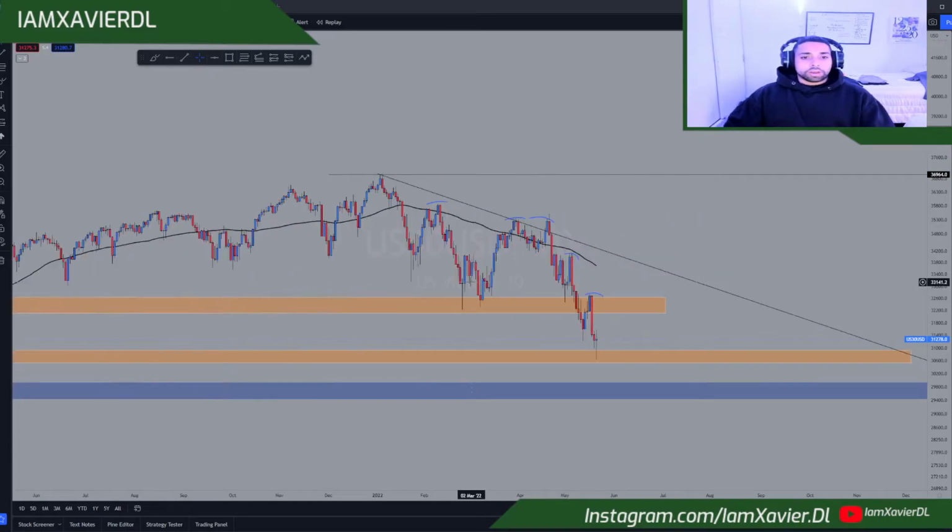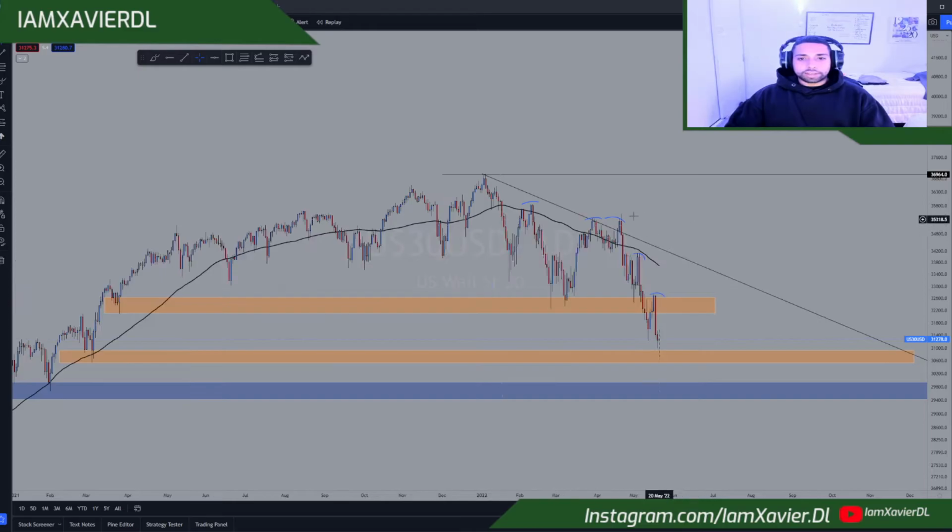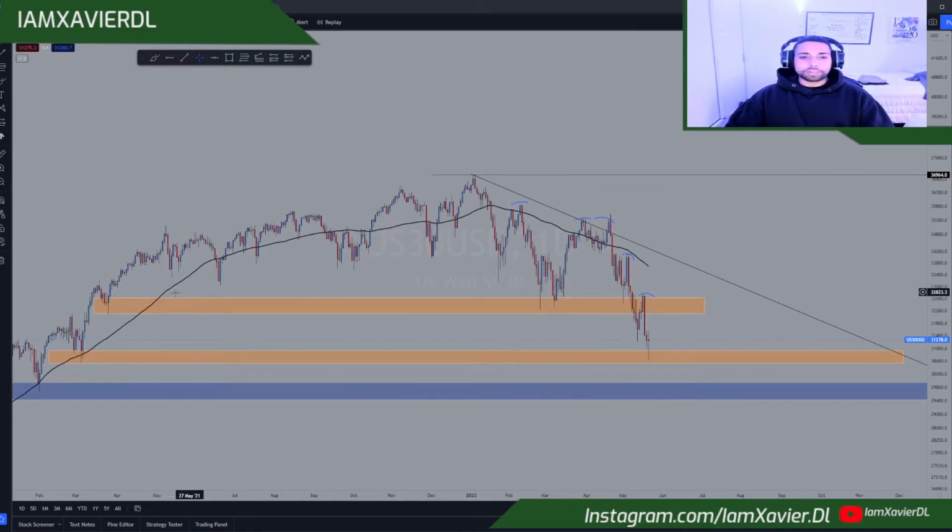So the most important thing that we're noticing here, especially on the daily time frame, is that this weekly level of demand ended up breaking, which is phenomenal. Previously, at the beginning of March, price was respecting this demand zone really well.